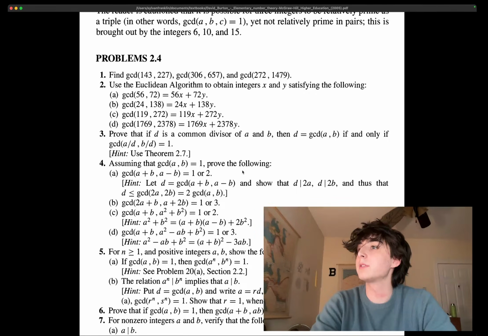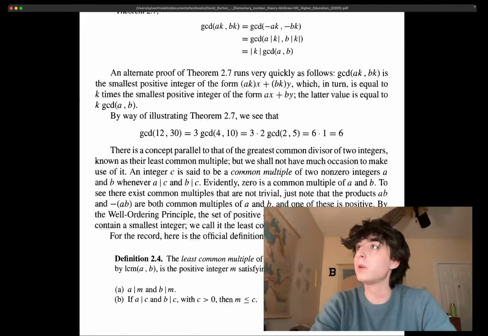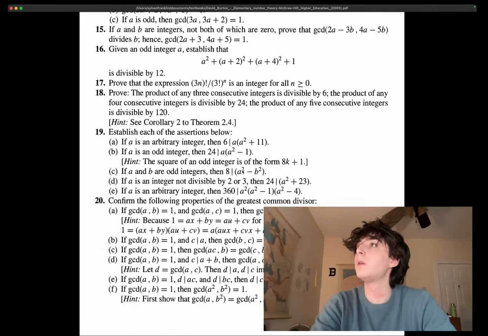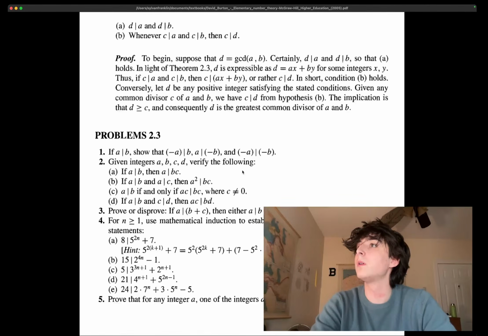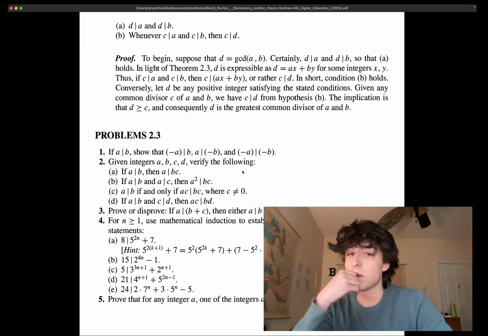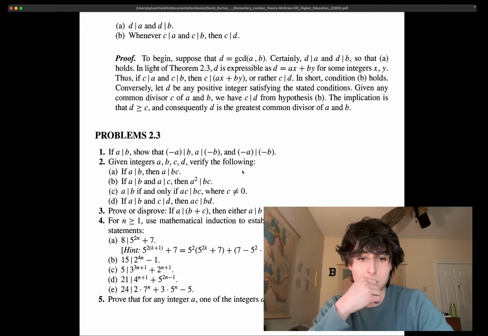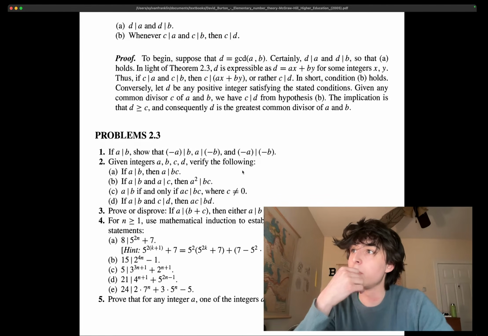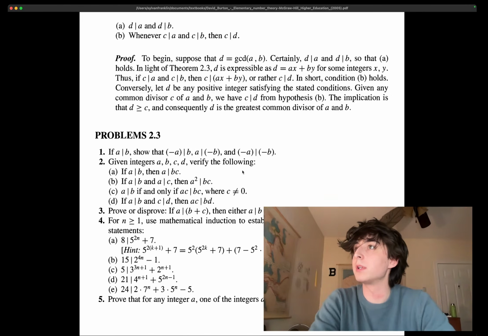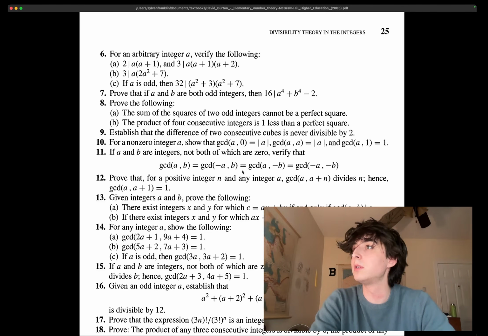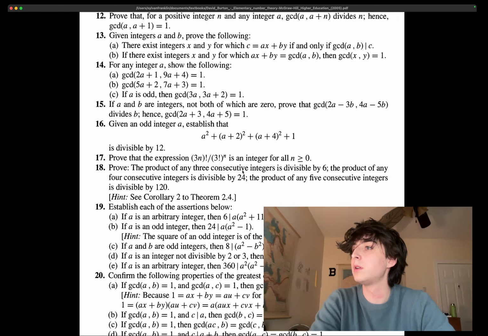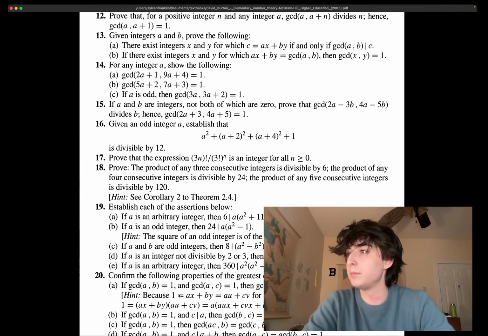Well, actually, I don't especially want to look at that. Yeah, there's a certain property here.